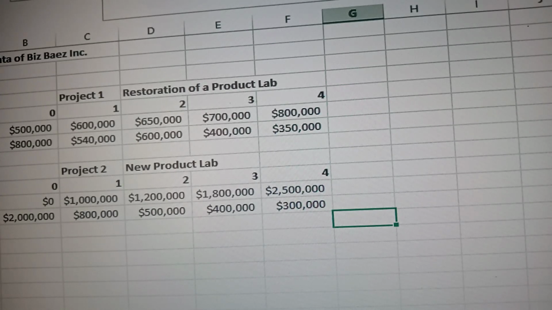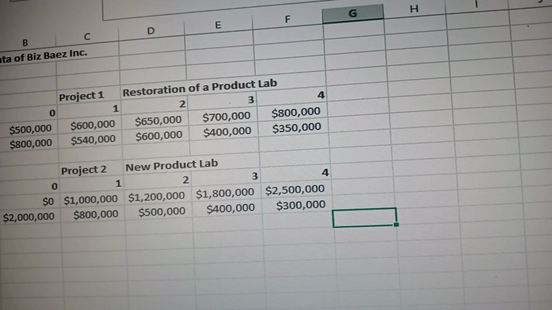Management did a good job gathering data. The data in front here for project one, from the year of initiation of the project, is year 0, and we have year 1, 2, 3, 4. So costs were accumulated for each period, and the benefits are also accumulated and they are given to us.